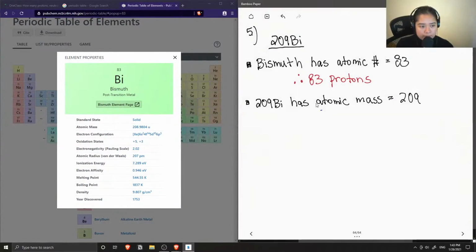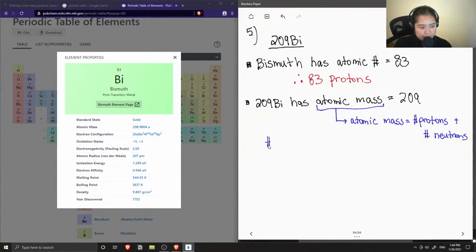But if we recall the formula for atomic mass, it is equal to the number of our protons plus the number of neutrons. So now we can solve for our number of neutrons.